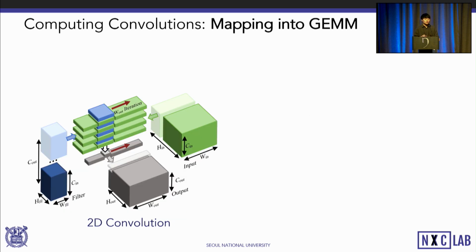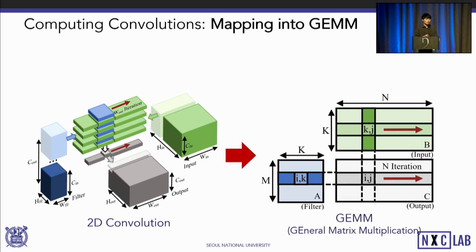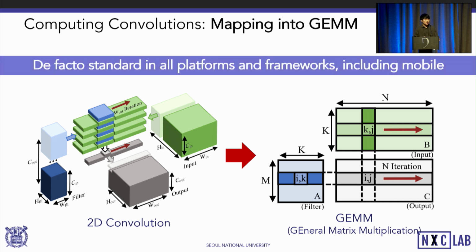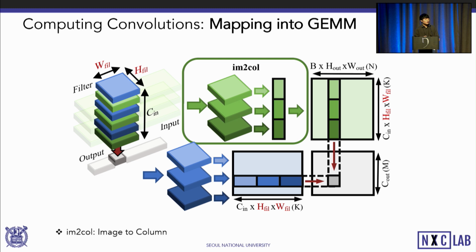The current computation solution for 2D convolutions is mapping it into GEMM, or general matrix multiplication. There were other solutions, such as FFT-based ones or Winograd transformation-based ones, but as these solutions lacked generality, they were gradually phased out, and the GEMM-based solutions became the de facto standard in convolution computations on all platforms, including mobile. The GEMM-based solutions operate by first flattening the input and filter elements into column and row vectors of two separate matrices.